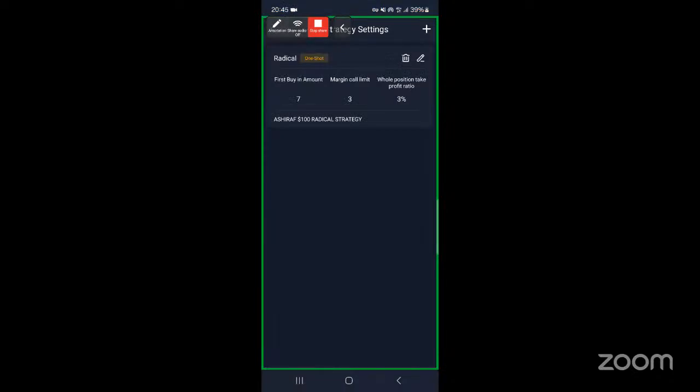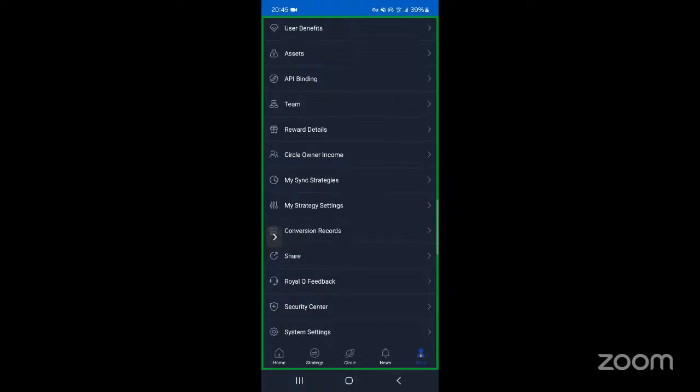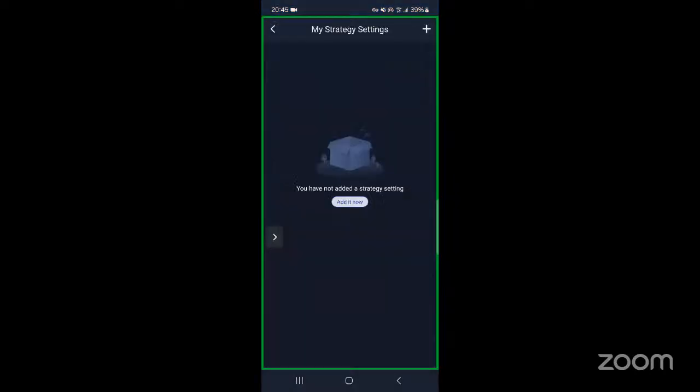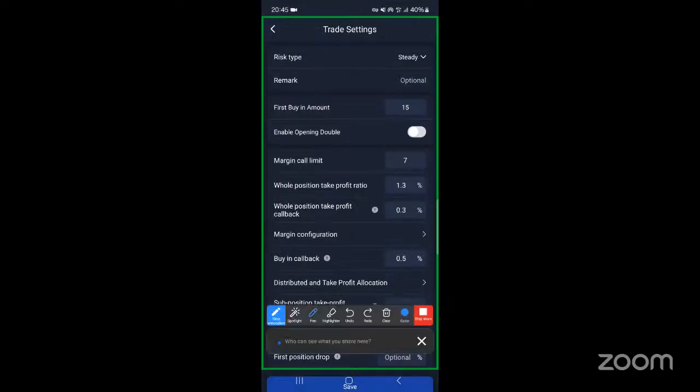Then I'm going to delete this so that we can start from a fresh page. All right. If you are a new beginner, it should look like this. You don't have any strategy there. So they tell you add it now. Then tap on add it now. When you tap on add it now, this is where we get to enter the risk profile.